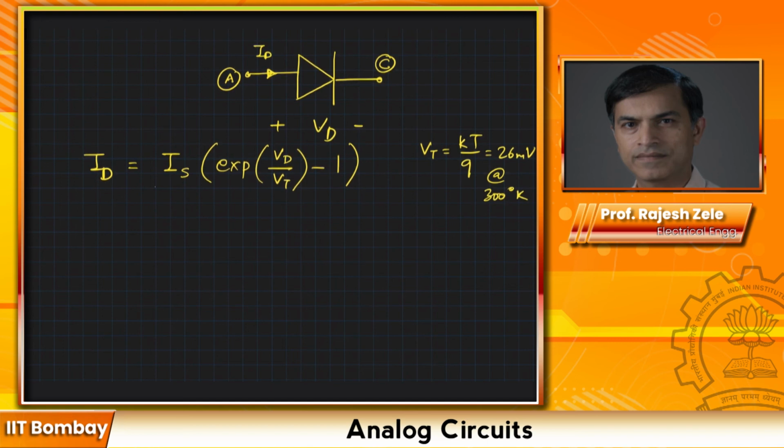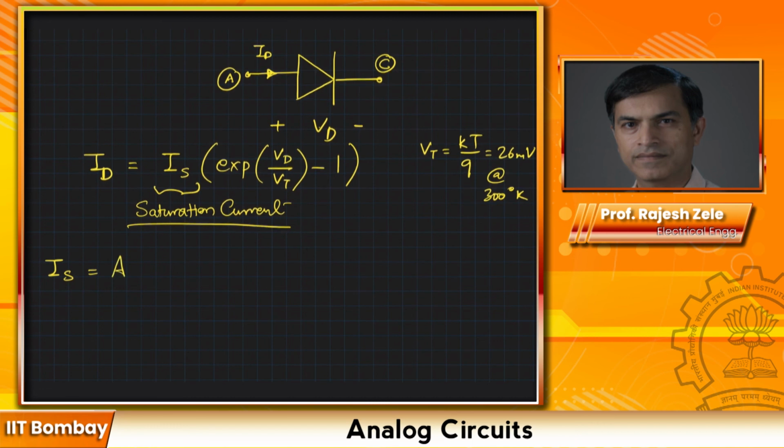Now what is this IS saturation current business? I'm going to explain that to you. Let me explain it intuitively rather than writing a whole bunch of equations, which you can review on your own in any device book. So this current IS will increase if the cross-section area of the diode is increased.